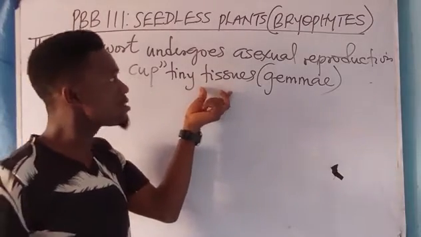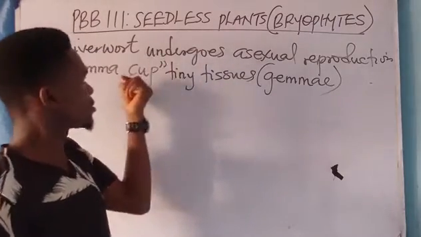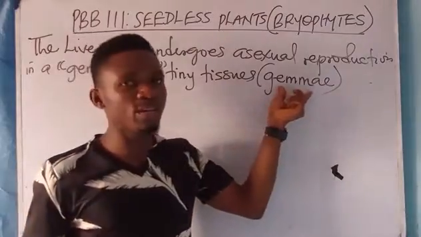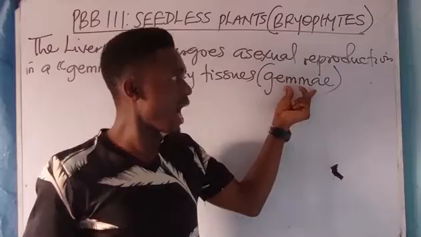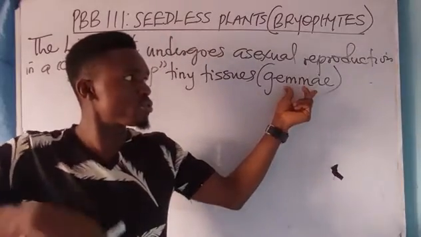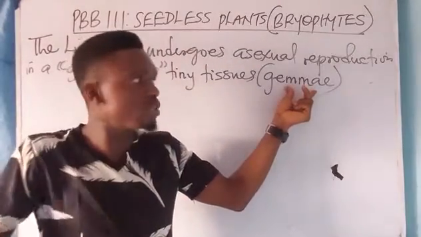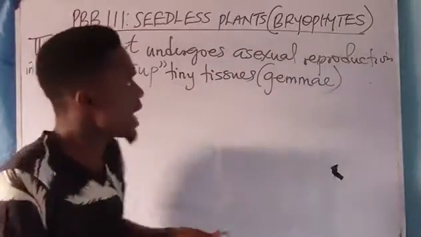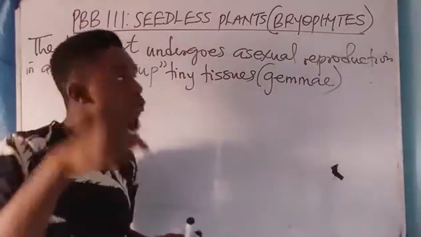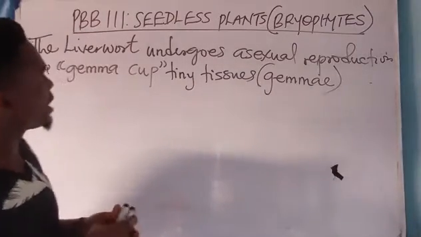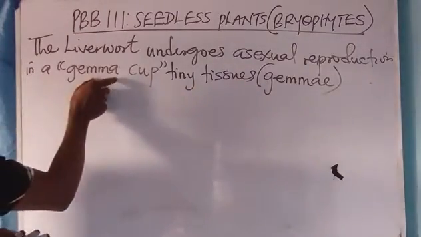These tiny tissues found inside this cup are called what? Gemmae. Please take note of that. These gemmae are actually what produce another what? Gametophyte. And for them to produce gametophyte, there must be what? Rainfall. Rainfall must enter into this germ cup.